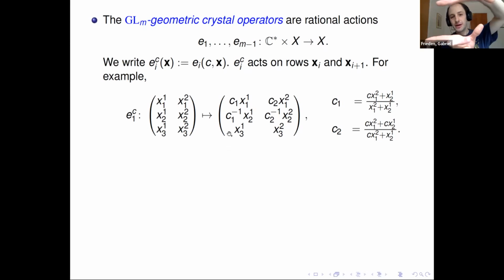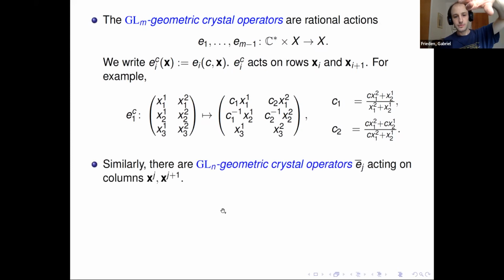But we can also view the matrix as a tensor product of its rows, which are GLn objects, and then we have an action of GLn geometric crystal operators acting on adjacent columns. So this was the example that Pasha used in his talk of the GLm crystal operator E1, which acts on rows 1 and 2.